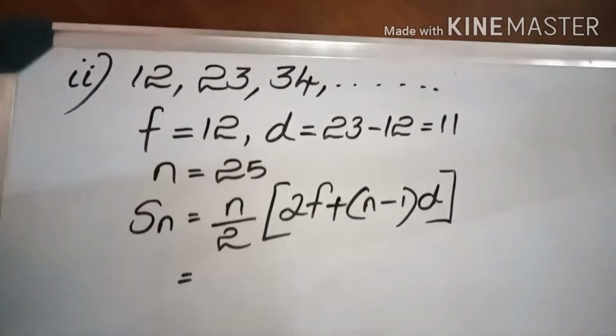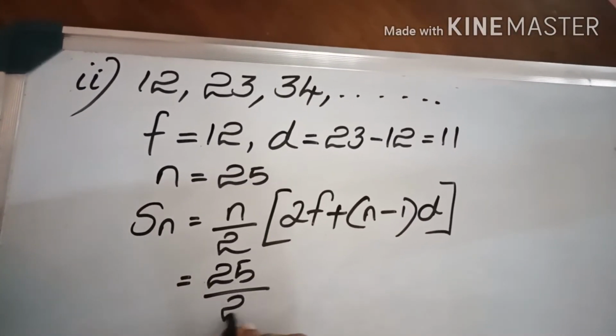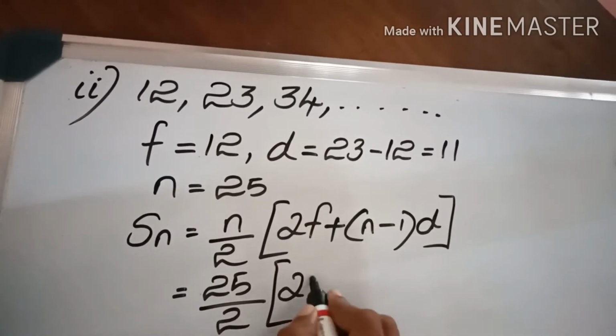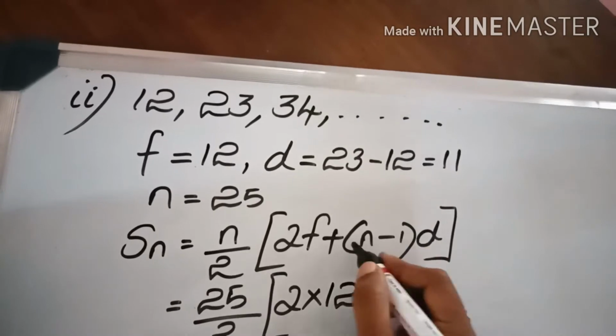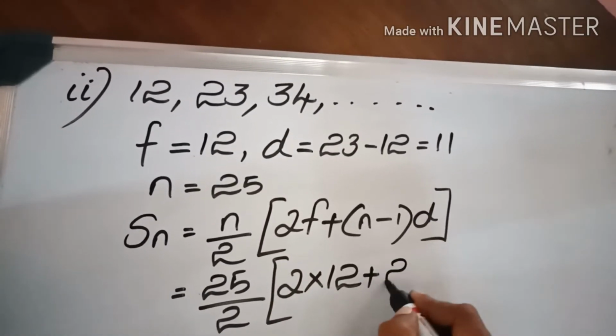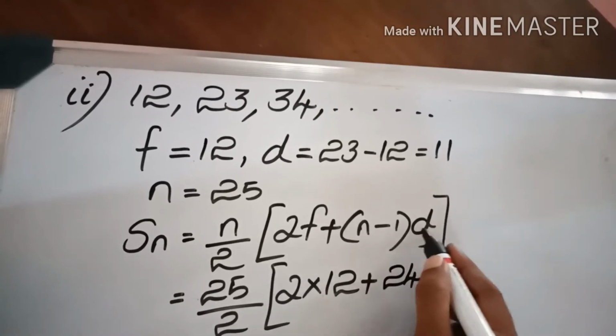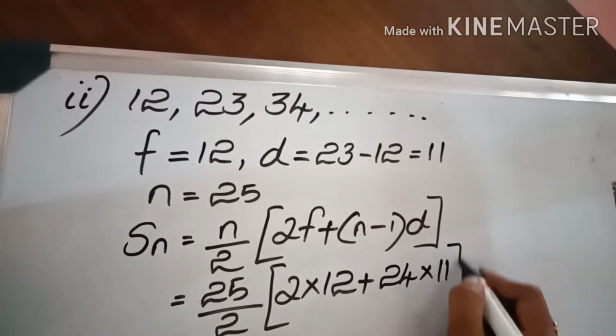After that, apply the values. So here 25 by 2, then 2 into the first term, 12, plus n minus 1. Let's simplify that here itself, so 24 into d, where d, the common difference, is also 11.